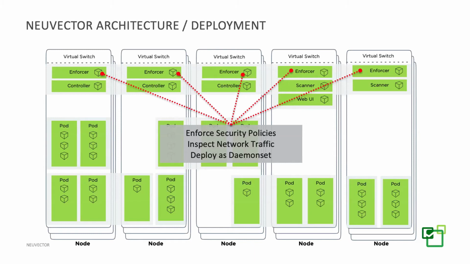Now, NeuVector integrates with Istio and can even protect the Istio control plane. So we are able to inspect the network traffic within the pod. When your application workload makes its connection, it's going to go within the pod to your Istio sidecar proxy, and then it's going to get encrypted and sent out.